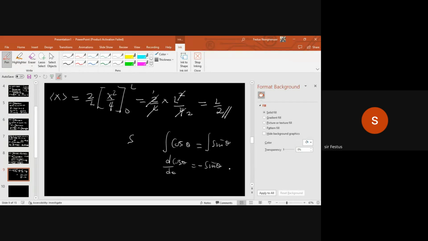Now, we saw from the last lecture that sine is what? An odd function. It's odd. And then cosine is an even function. And we saw that even times even will give you even, odd times even will give you odd, odd times odd will give you even.